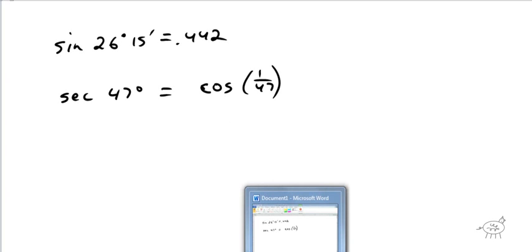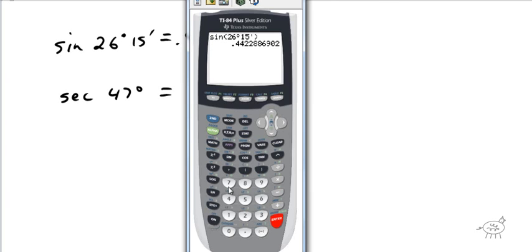You can almost see that it's wrong. Cosine of 1 over 47. Watch what's going to happen. It's going to give you a weird number, 0.9999. You should almost look at it and go, geez, I've never got anything like that. What it's doing here is saying the cosine of something almost 0. What's cosine of 0? 1. So that's totally wrong to do it that way.